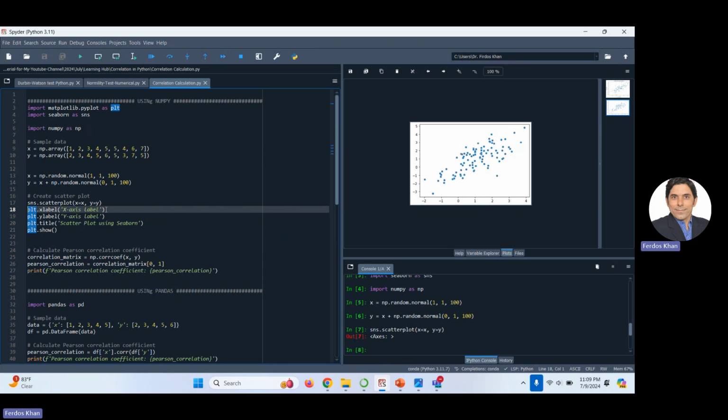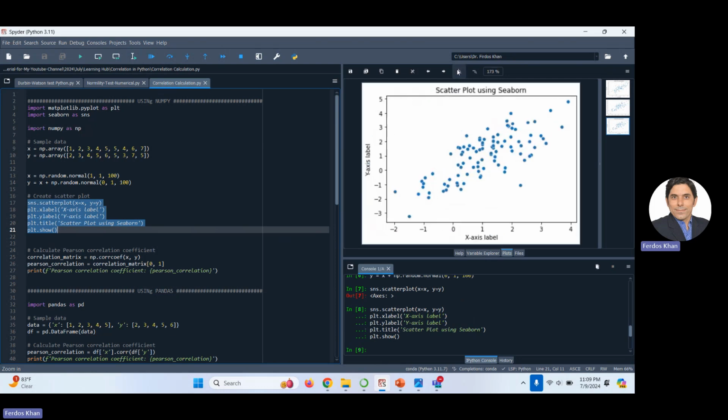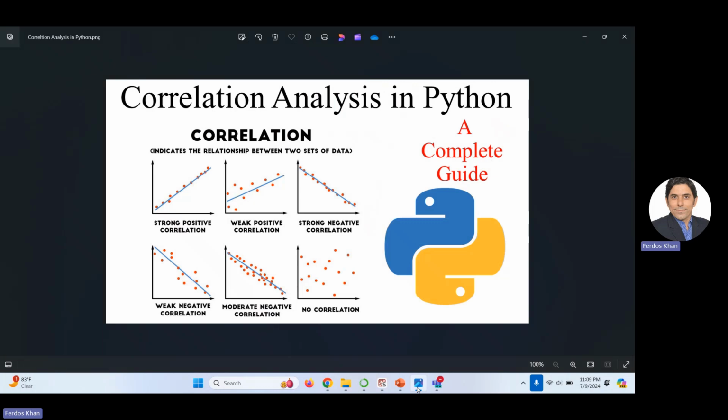This is general, not specific to my problem, because I have general data. And then this is the title, and then show the plot. So just run this, and you will see how it looks. Yeah, there is correlation, but it's not looking very strong. It can be moderate, something like this. Just look at these plots, so you can guess from the plots what the correlation will look like.